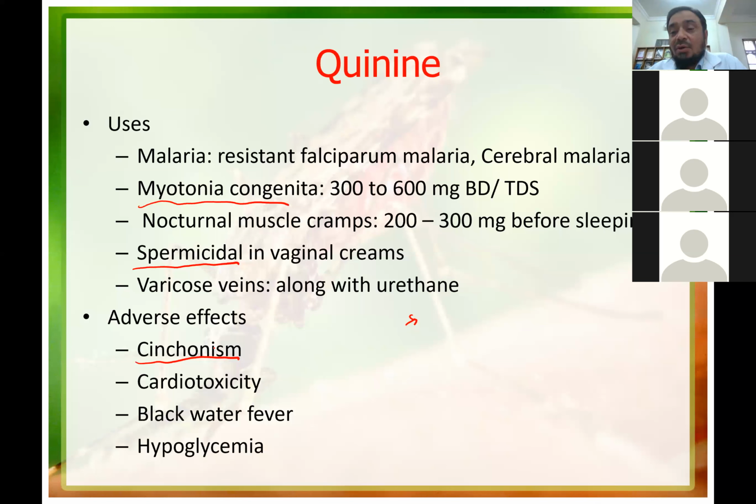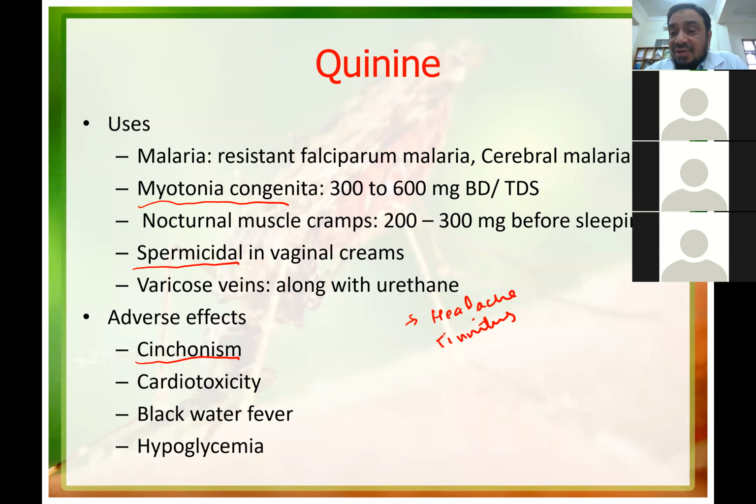A patient of cinchonism who is on quinine will present to you with headache. He will complain of tinnitus, that is ringing in the ears.